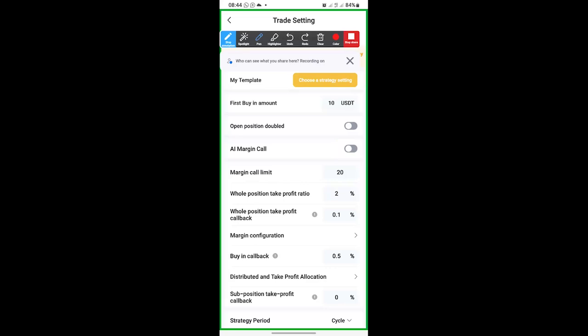Then we've got the margin call limit. This is where we instruct the bot to keep buying. So these are like times, so we call them margin calls. So in most cases for me, I set at least 20 margin calls.